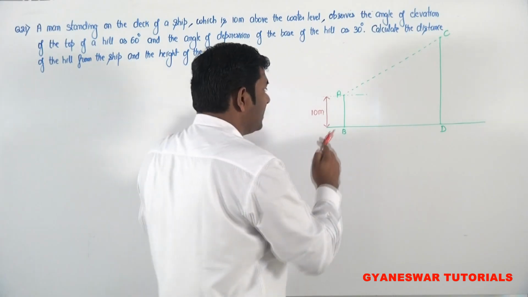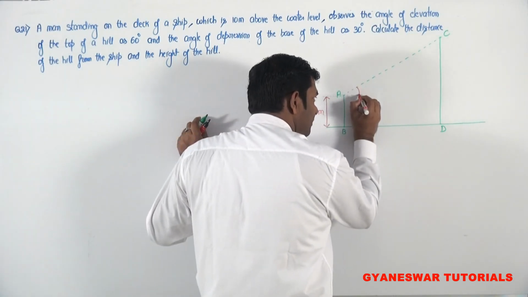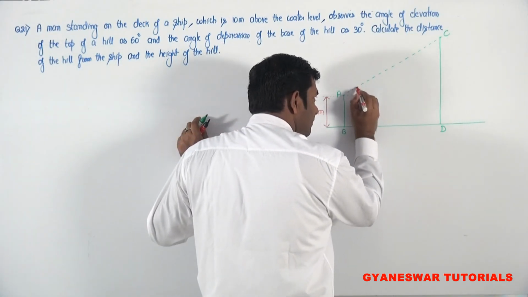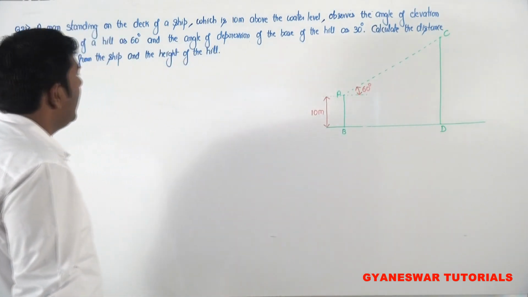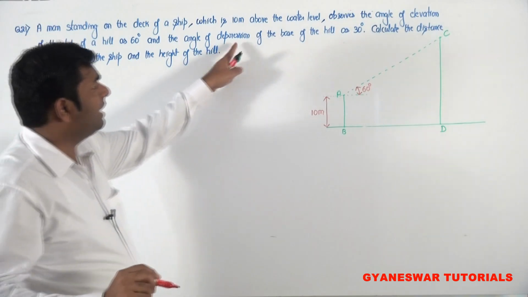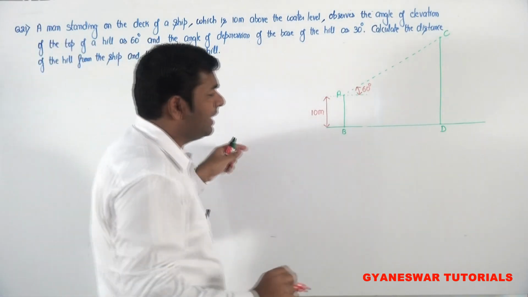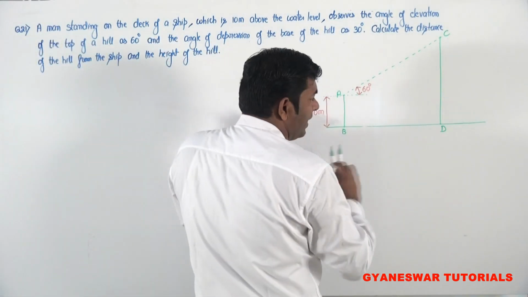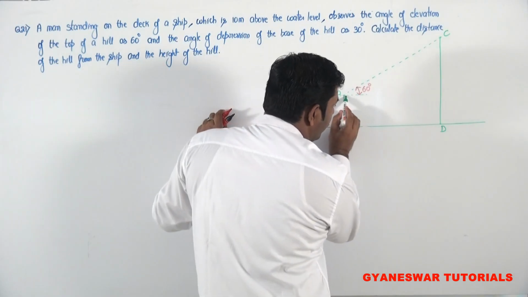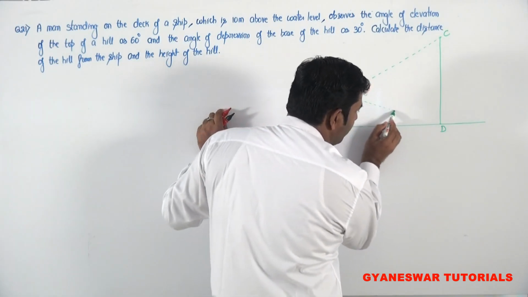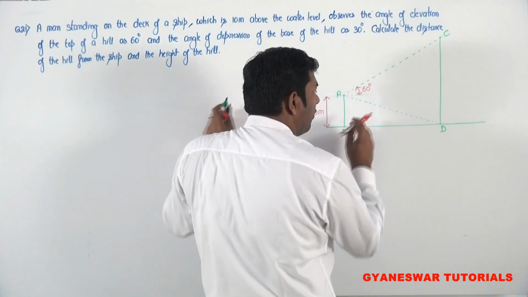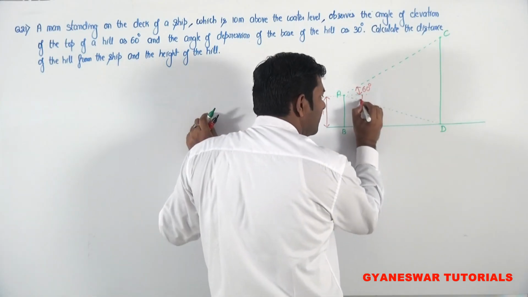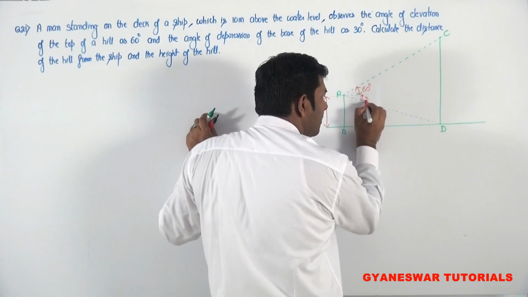So this angle is 60 degrees. And the angle of depression of the base of the hill is 30 degrees. From here the base or foot of the hill is seen, and this angle of depression is 30 degrees.